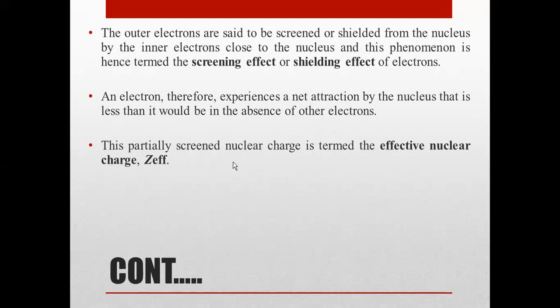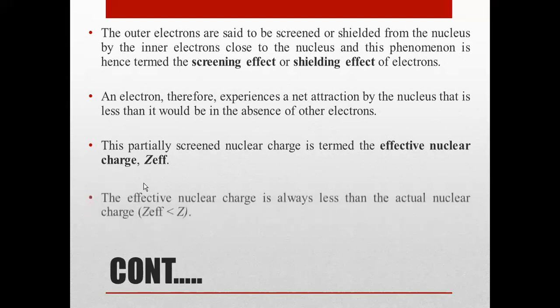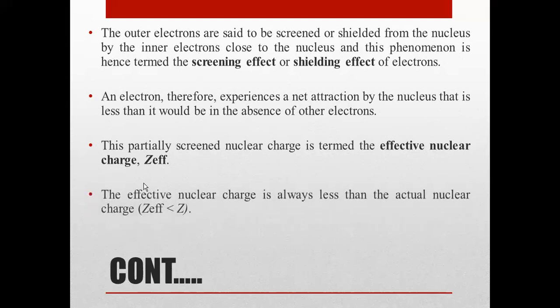Such partially screened nuclear charge we call the effective nuclear charge. This effective nuclear charge is always less than the actual nuclear charge. The actual nuclear charge is Z, and the effective nuclear charge is Z effective.